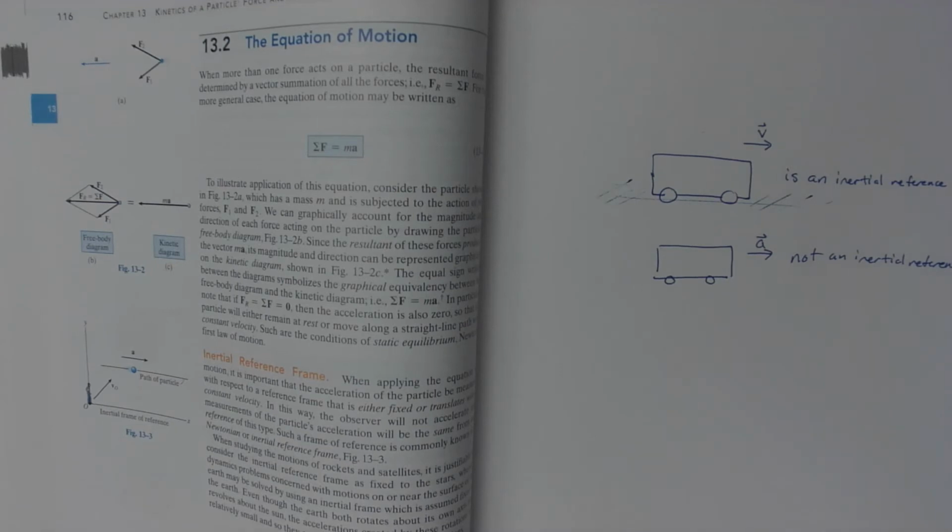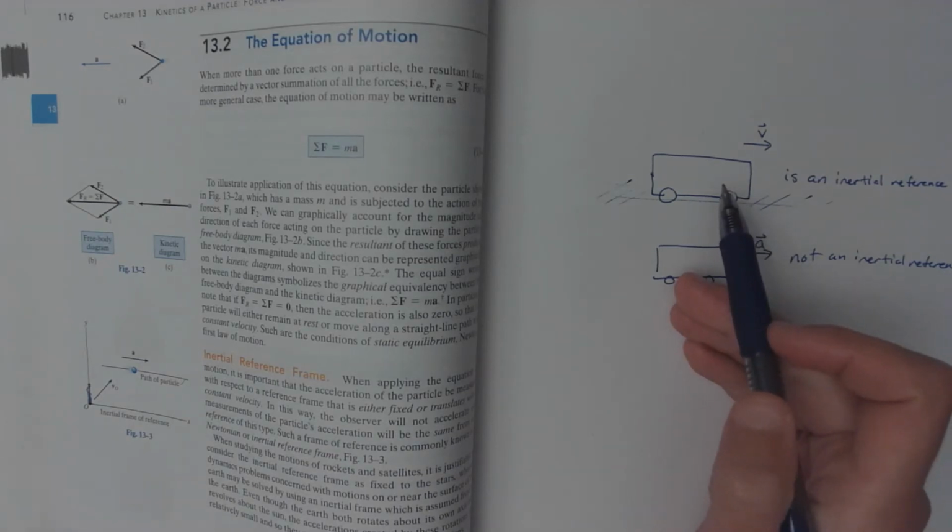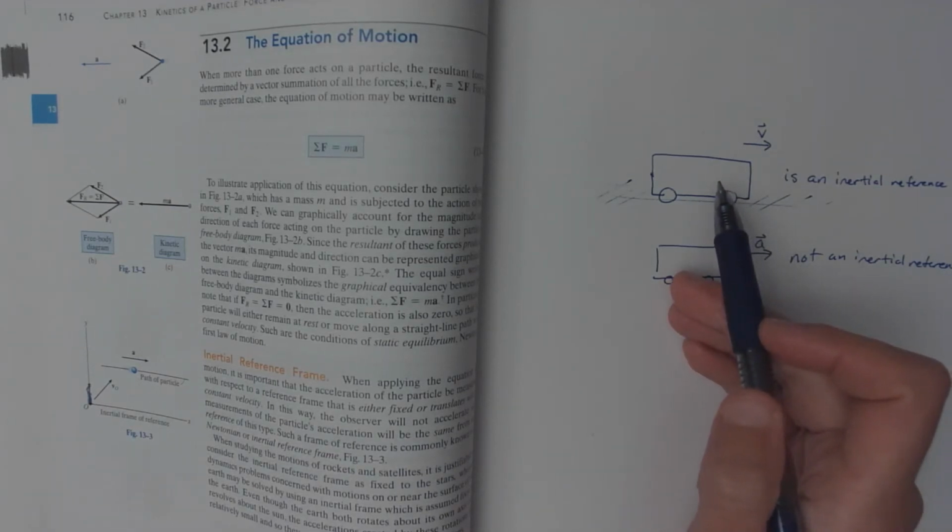So when you're going to use Newton's second law, make sure you are using an inertial reference frame. If your reference frame's moving at a constant velocity relative to the surface of the Earth, then you're good.